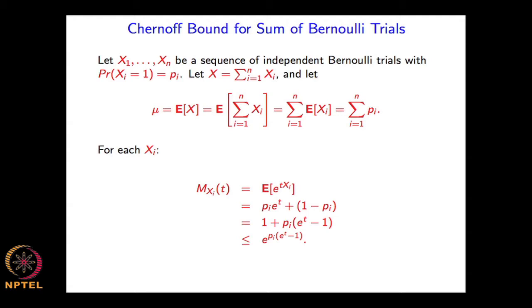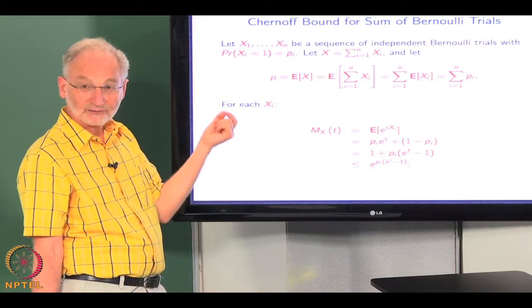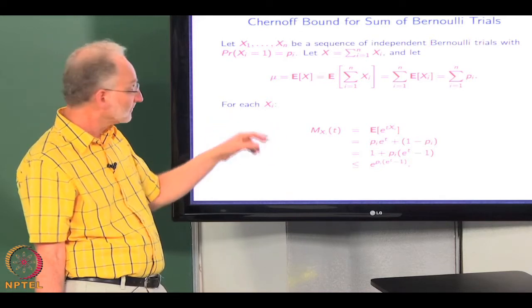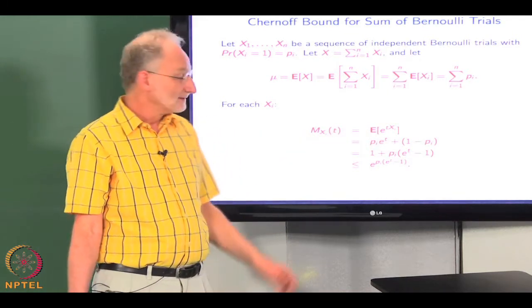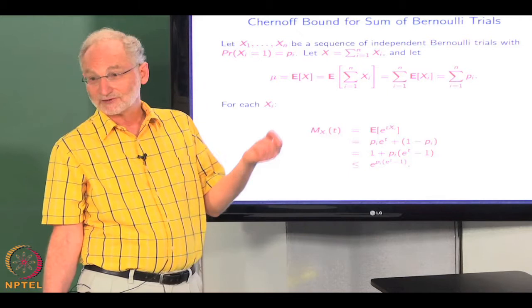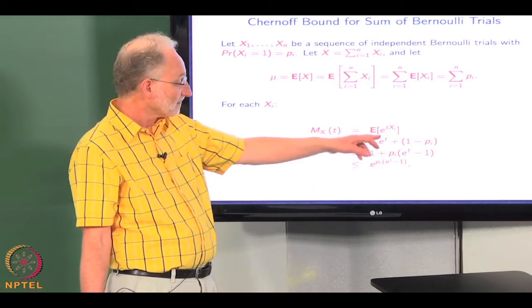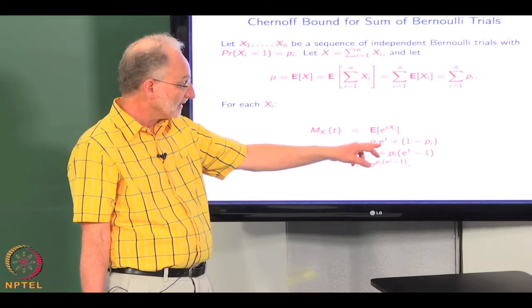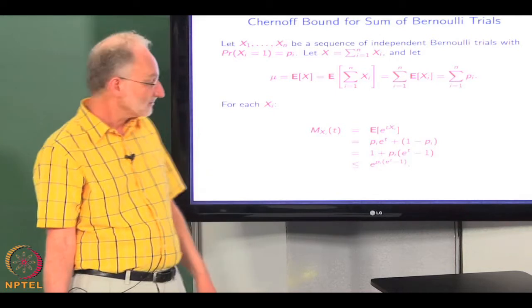In that case, we just have to compute the expectation of e^(tXi) for each Xi. Now it gets very easy, because Xi only takes the values 0 and 1. If it's 1, the term is pi e^t, and if it's 0, it's 1 minus pi. So that's easy.